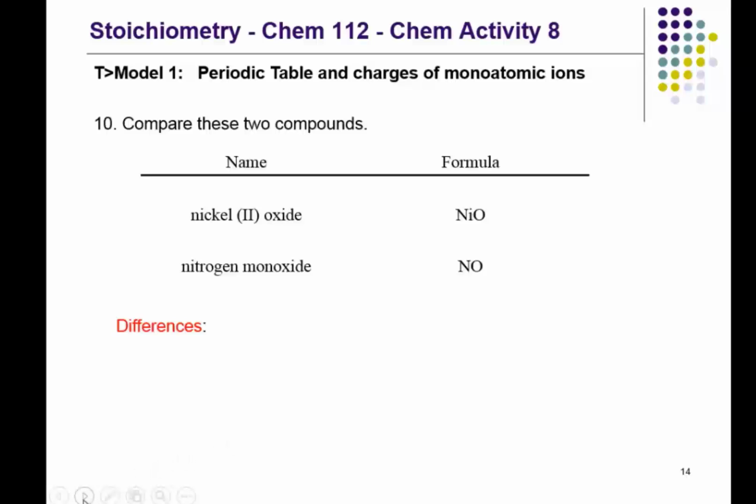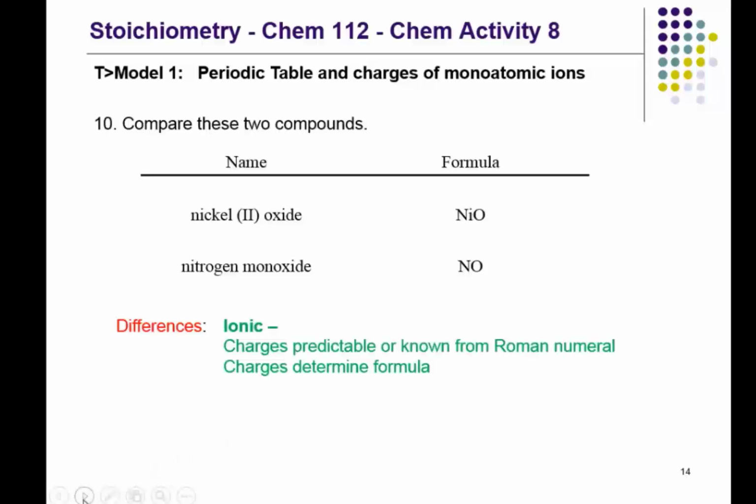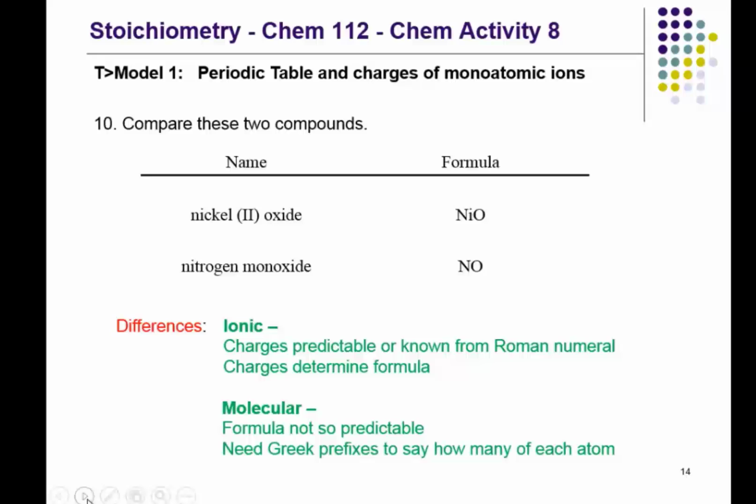To summarize, the differences: ionic, the charges are predictable or are known from the Roman numeral, and therefore the charges will determine the formula. So if I say nickel 2 oxide, you automatically know that the formula has to be NiO. If I say nitrogen oxide, you don't know what compound I'm dealing with.